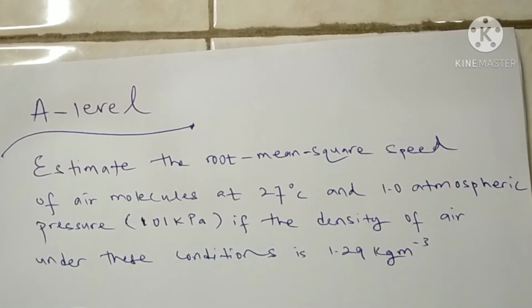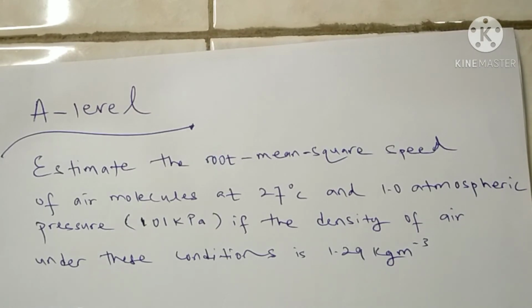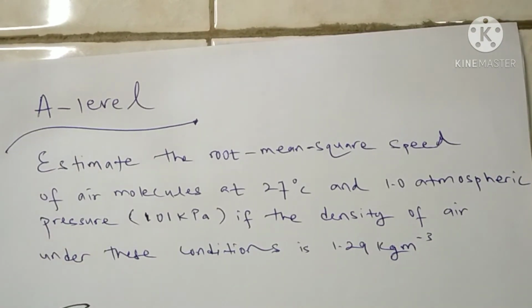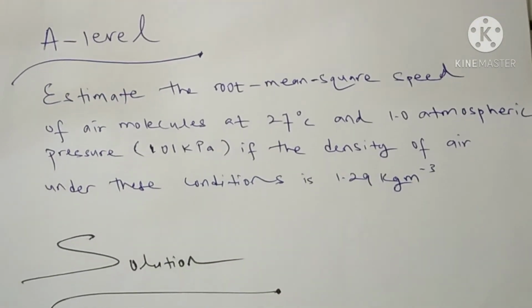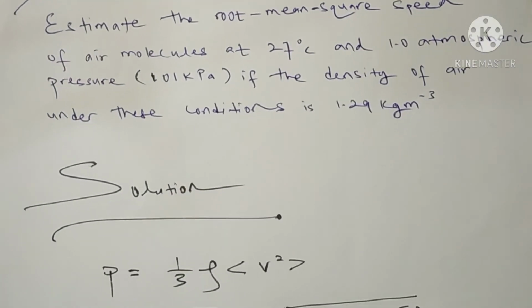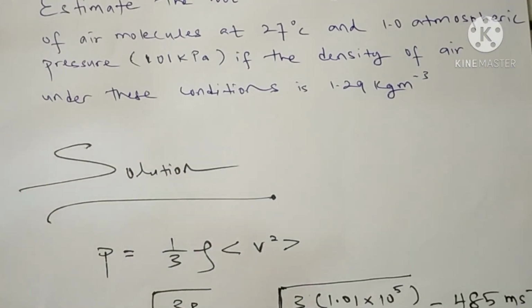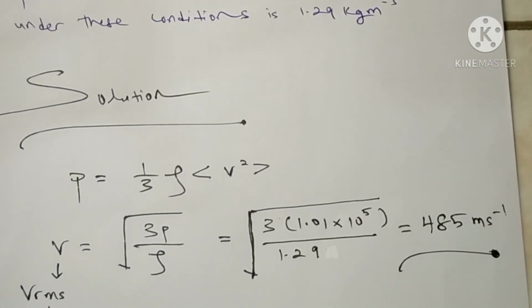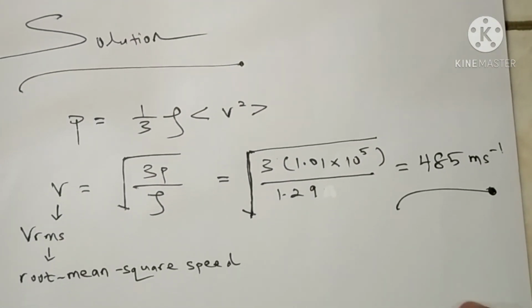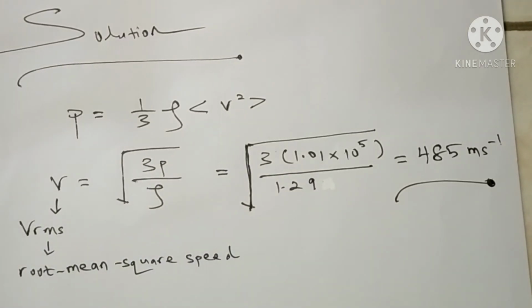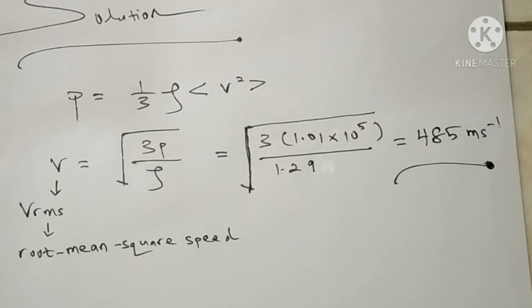Estimate the root mean square speed of air molecules at 27 degrees Celsius and 1 atmospheric pressure, or 101 kilopascal, if the density of air under these conditions is 1.29 kilogram per meter cubed. By using the formula P equals 1 over 3 times density times the mean square speed of v, and substituting all the values accordingly, you will get the root mean square speed of about 485 meter per second.